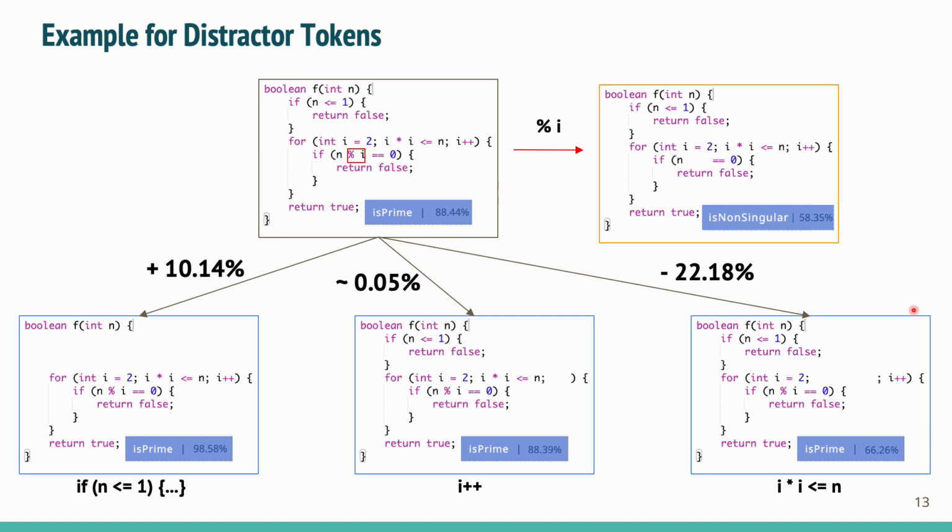And removing the modulus operator misclassifies the model prediction into a different predicted label, because this modulus operator was an important part of prime number checking. Therefore, by observing and identifying the effect of distractor tokens, we could depict the interpretability of the model's prediction from a different perspective.